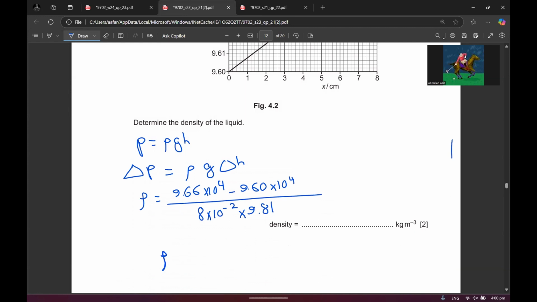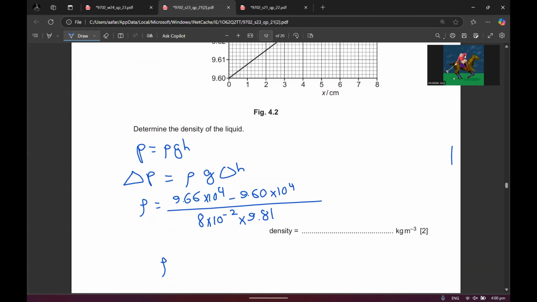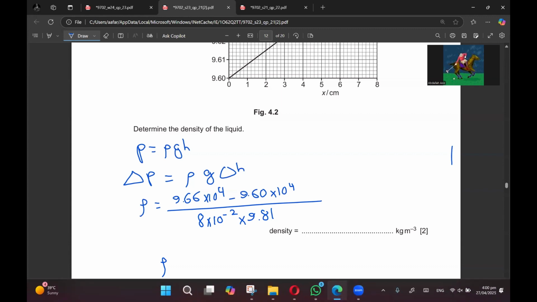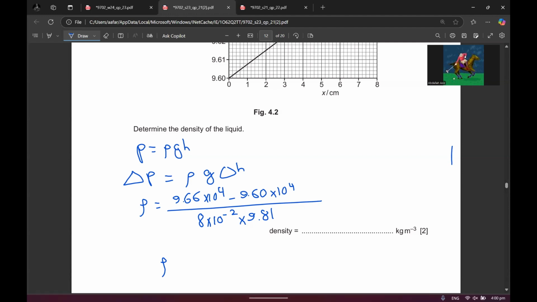And so we get rho as, calculating a second, 765 kg per meter cubed.